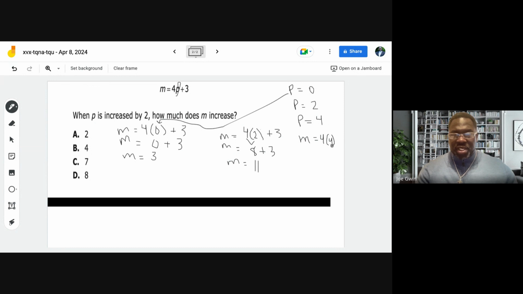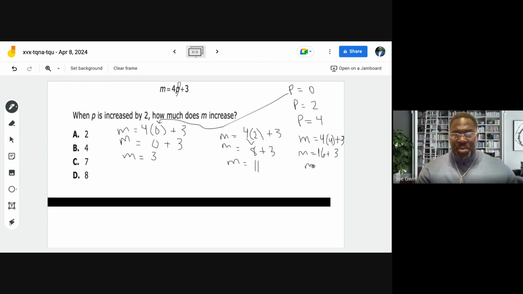And then we'll add 3 to that. So now we're going to have M equals 16 plus 3. And 16 plus 3 is 19.